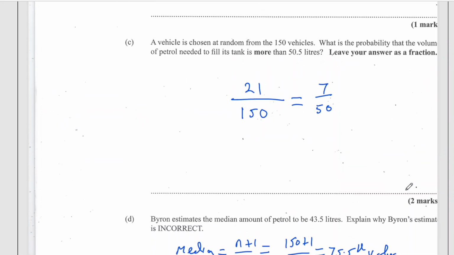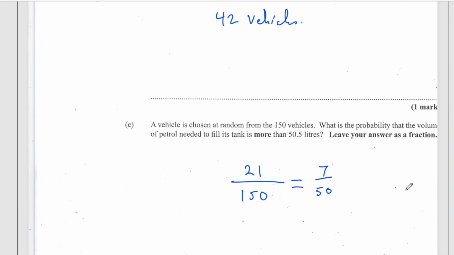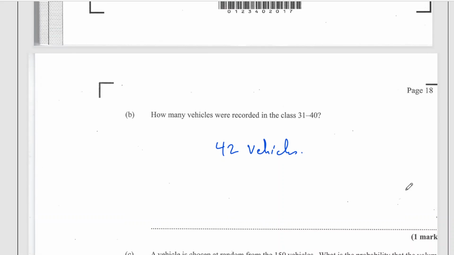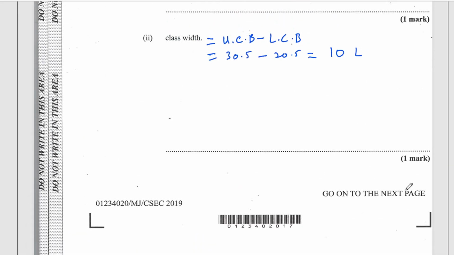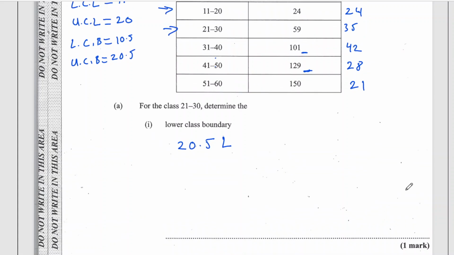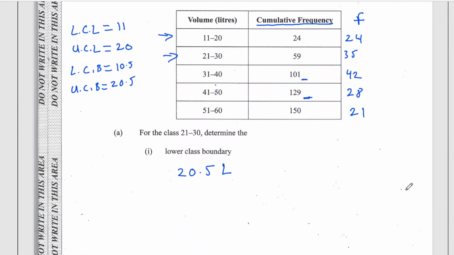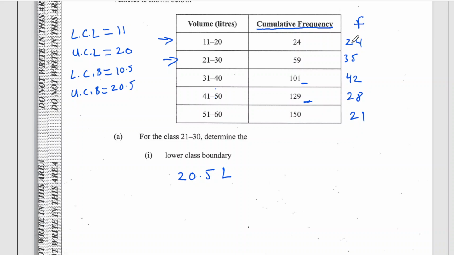So we need to go on our table and see where the 75.5 value is. Right. So we have 24 and 35, which is 59. So we have the 59th value within 21 to 30. And then we need to add 42, which will be 101.